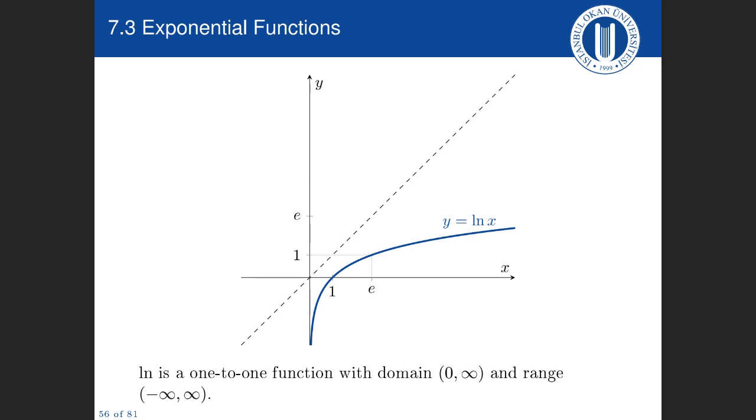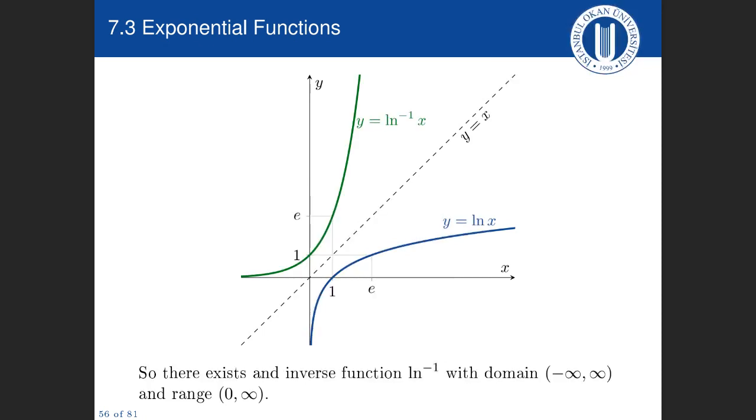So that means there exists an inverse function. Let's call it, for now, ln to the power of minus 1, the inverse of ln. This green function must have domain the whole real line, and it must have range the open interval from 0 to infinity.